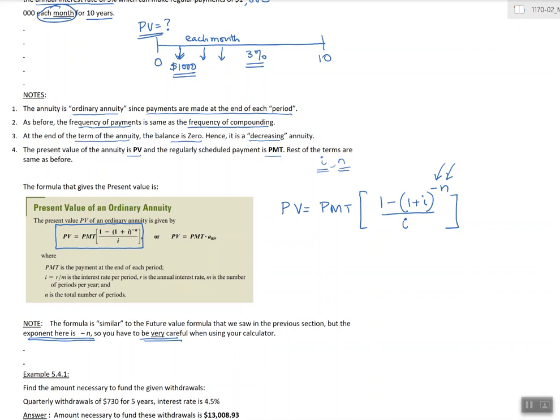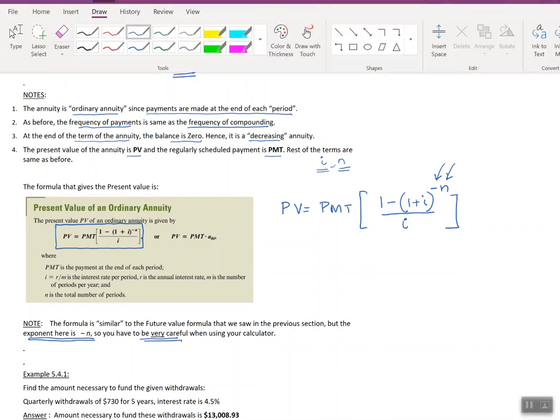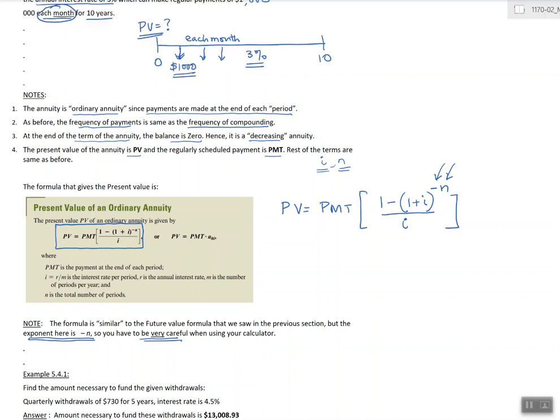So let's continue finding the present value for this situation. We know the payment is $1,000. R is 3%.